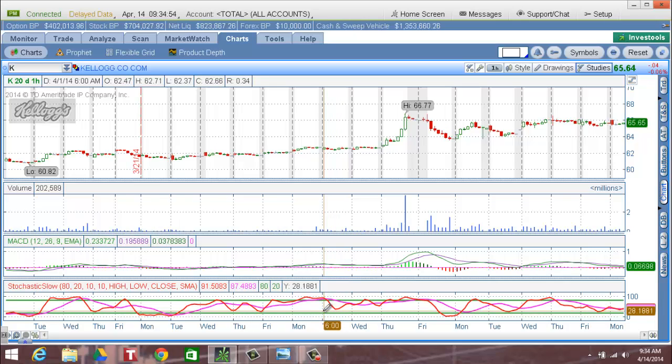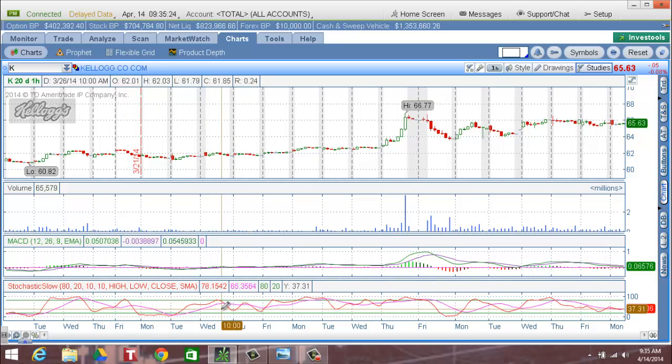Basically, when we're selling put options, we want to make sure that the stochastics is at least 20 or below. This is when you sell a put, when it's at 20 or below. And then on the buy side, anywhere above 80 would be fine. So you would have to find your 80 mark, and that's when you would know when to get in or when to get out of a trade. Now, this is just about selling puts.